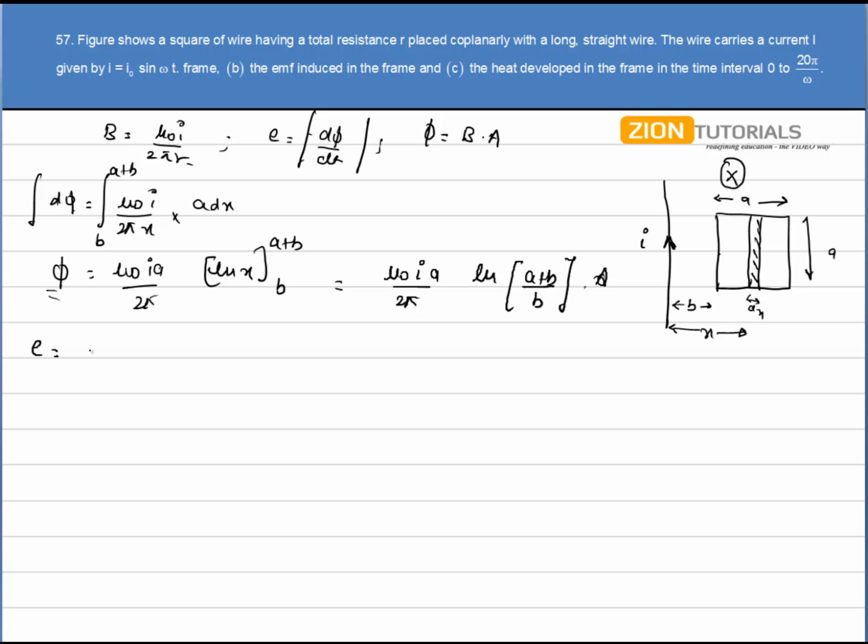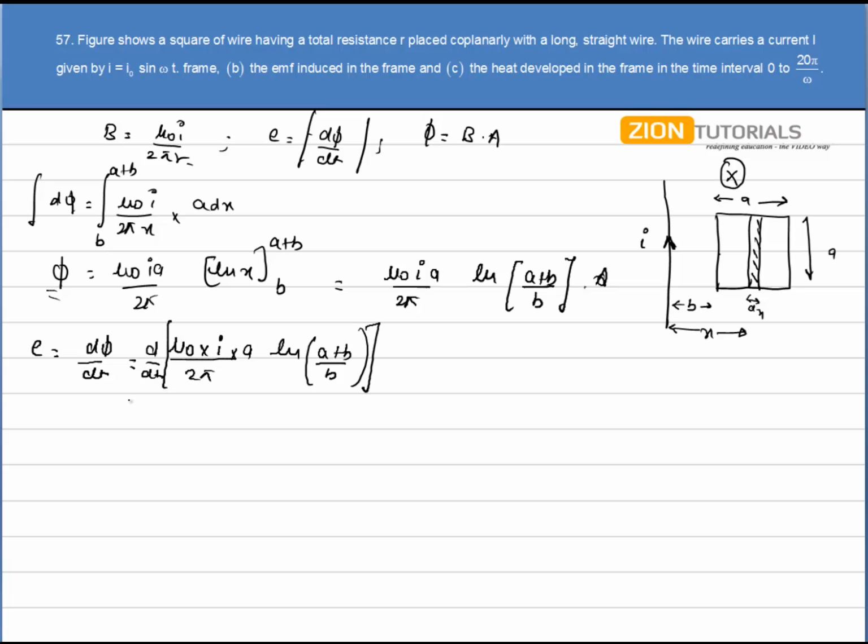I have to calculate EMF, that is given by d phi by dt. So it can be written as mu naught I A by 2 pi natural log of (A plus B) by B, d by dt of it.